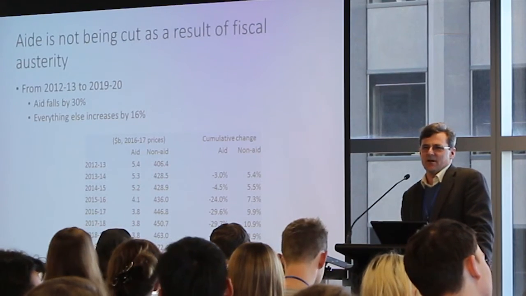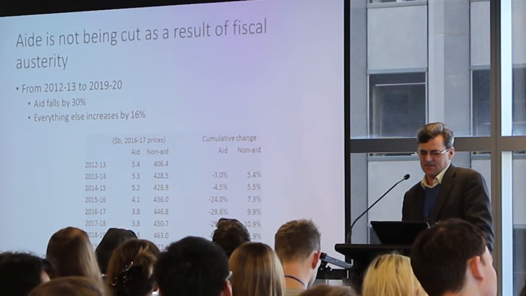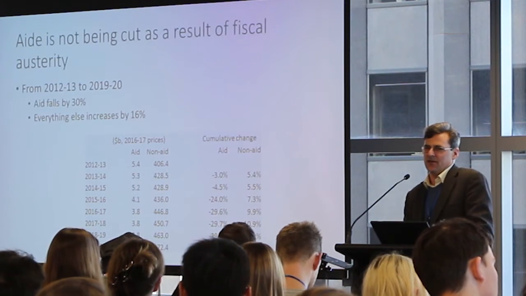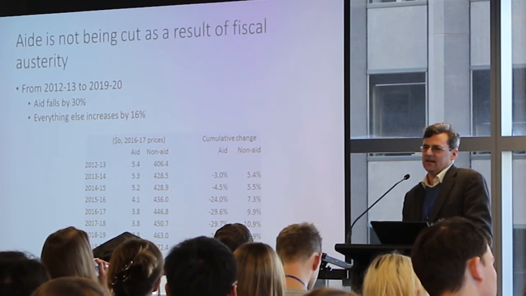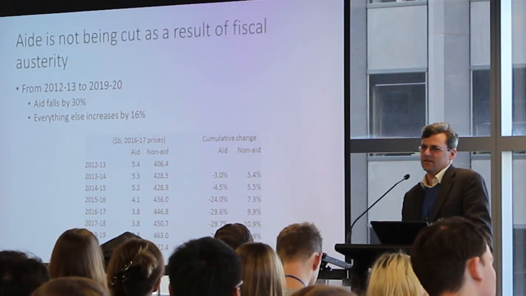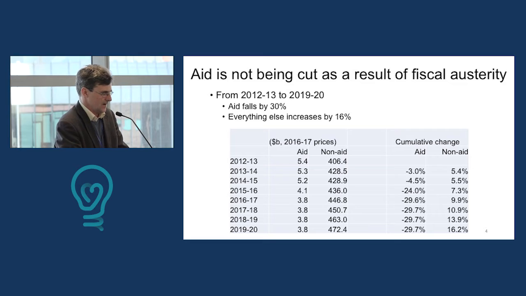And there's been a lot of talk about budget repair and debt and deficits. It would be one thing if aid was being cut as an overall policy of fiscal austerity, but it's not. Aid is a very small part of total government spending, only about 1%.